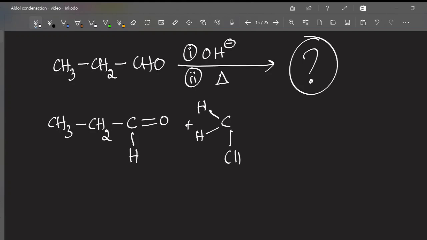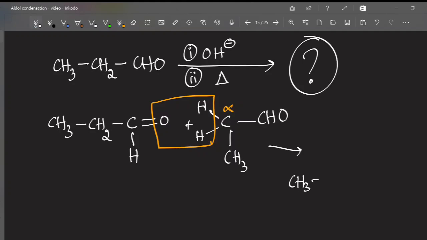These are our alpha hydrogens, the acidic hydrogens. Those hydrogens need to be removed along with the oxygen as water. There is nothing wrong in this. Come on, try to write down the product: CH3, CH2, then CH double bond C, and there is a CH3. This must be the major product for this reaction.